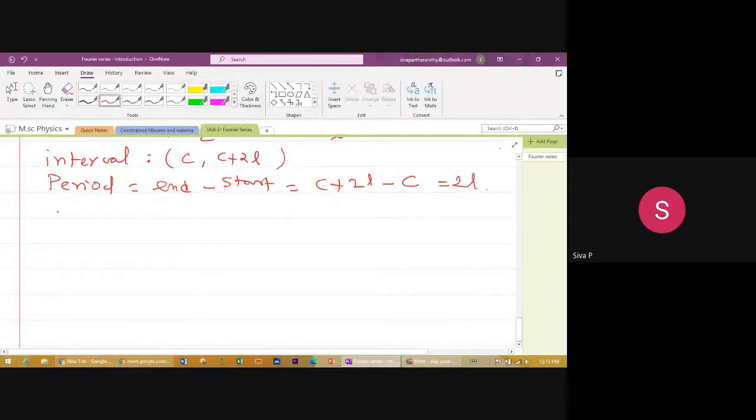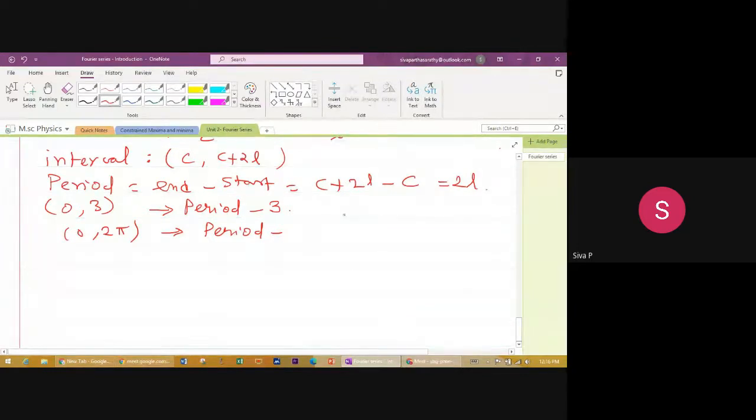In case 0 to 3 is the interval, then what is the period? 3, sir. Period means length, very simple. If the interval is 0 to 2 pi, then what is the period? 2 pi, sir.